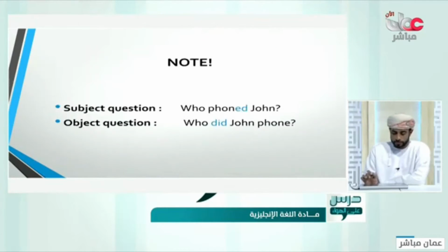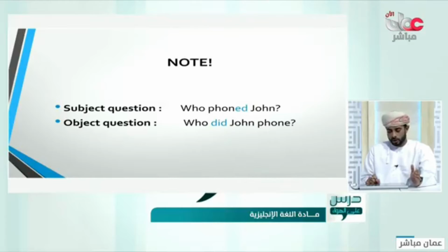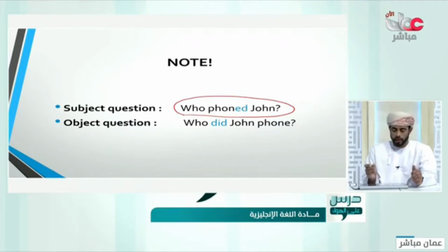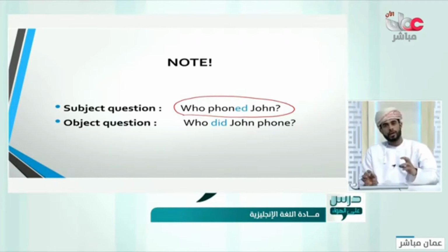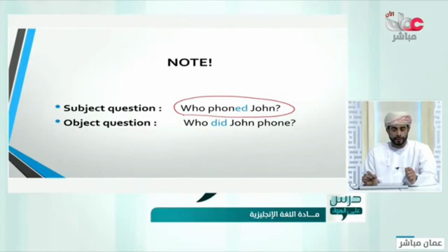Good. Now you can notice something. You may ask, but teacher, sometimes we say, who phoned John? Where is the time? Where is the time that we haven't moved it? This is a more informal way to ask. Who phoned John? It is better to say whom. Who phoned John?